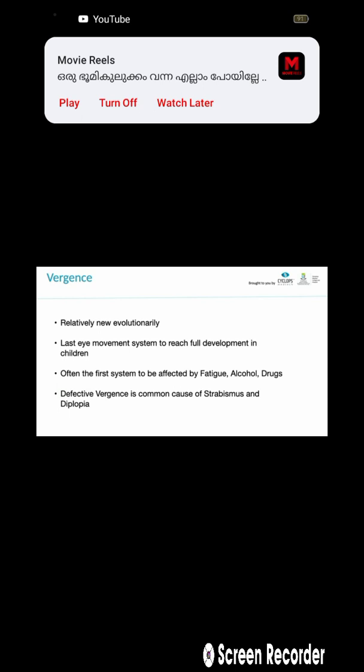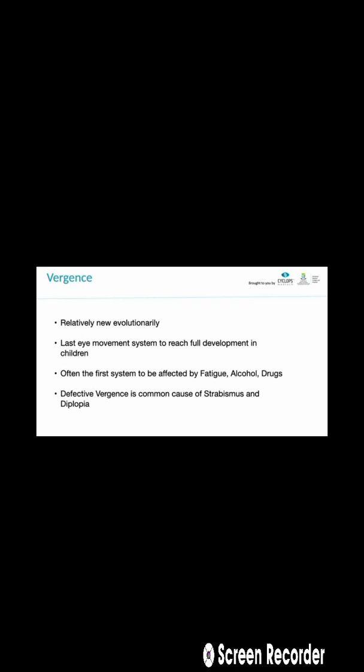It is often the first system to be affected by fatigue, alcohol, and drugs. The defective vergence is a common cause of strabismus and diplopia.